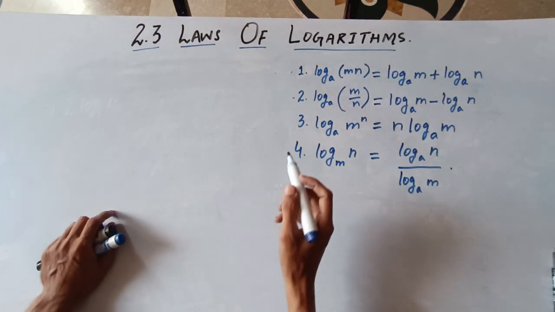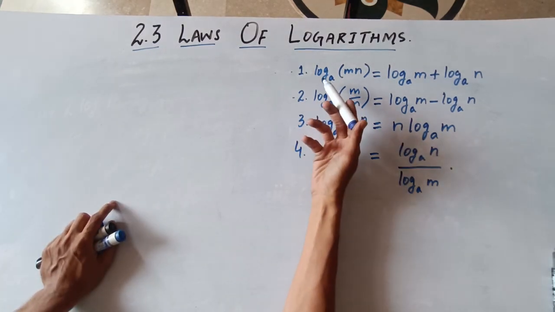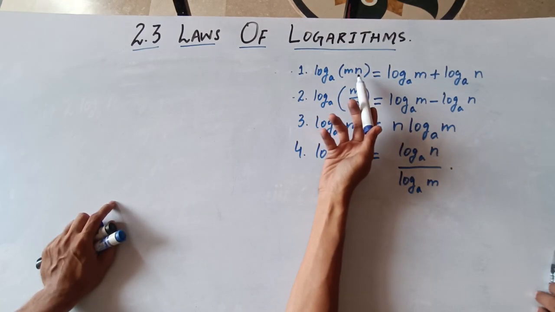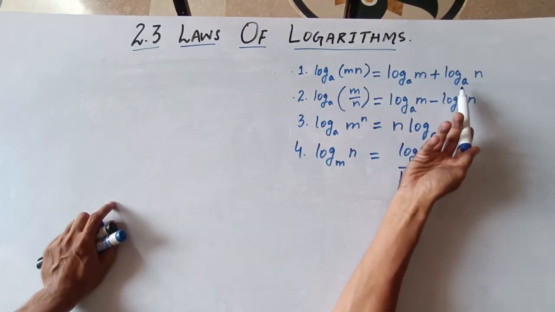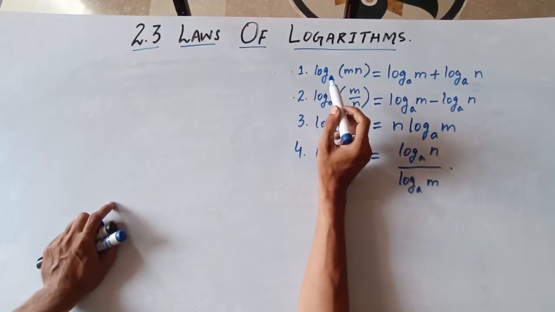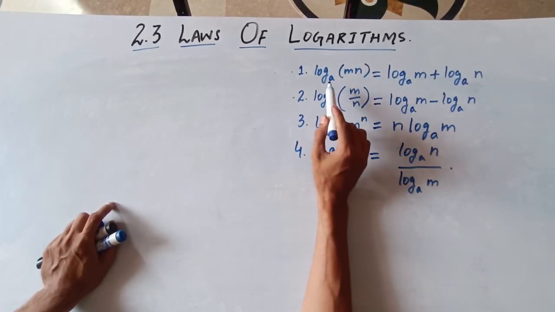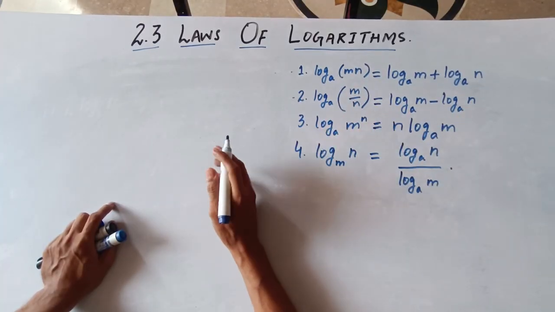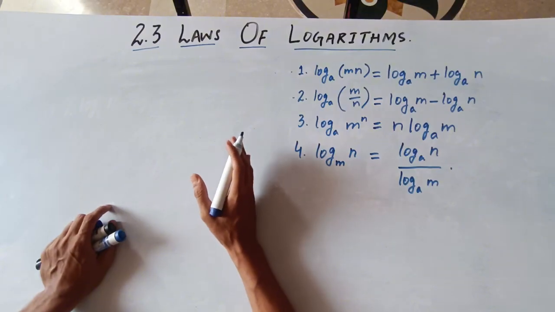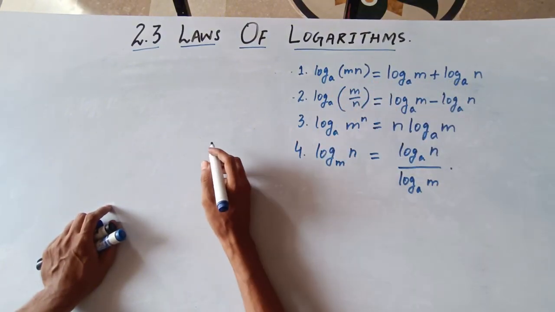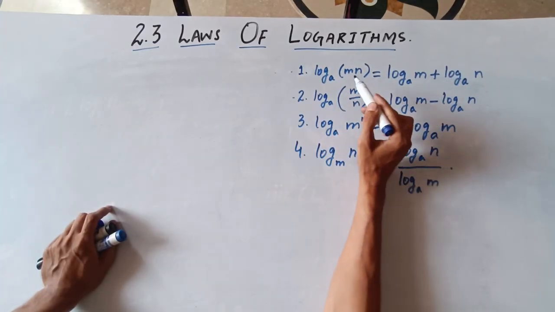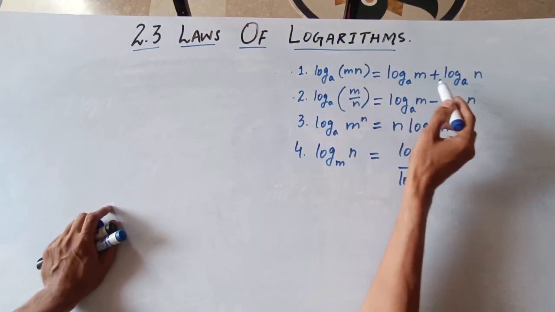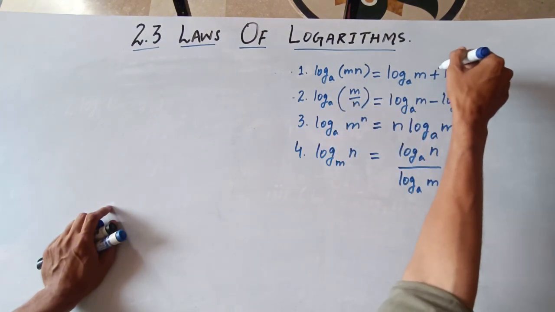So the first one over here is written log base a m multiplied by n equals log base a m plus log base a n. You can see over here the base is the same for all the terms. This is very important: if the base is not the same, you cannot apply this particular law. This law says when two things are multiplying with each other and you want to open it, the same log base a will be written with both, and in between there will be a plus sign.